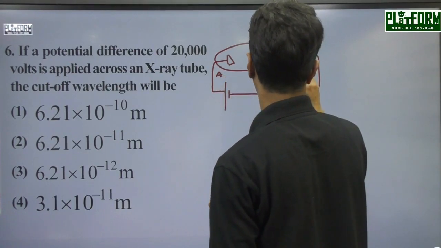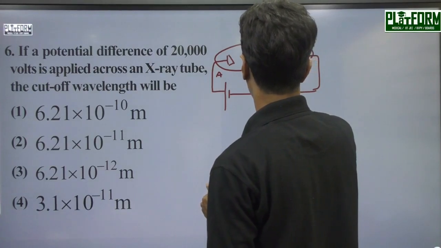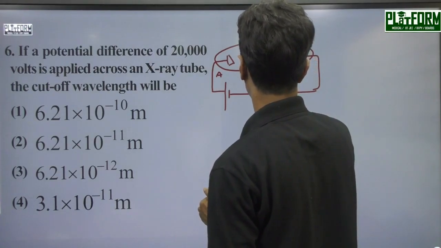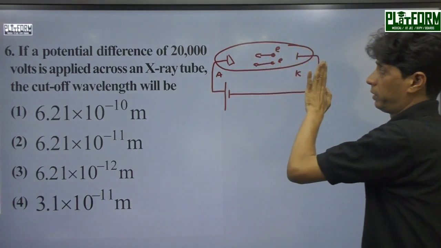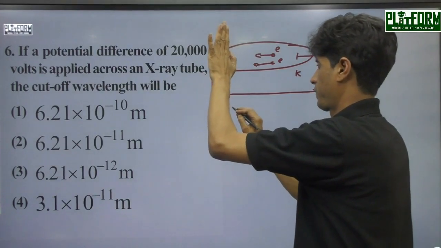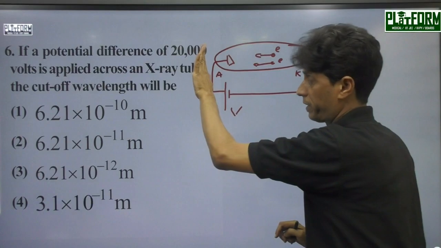It is anode and cathode. Electrons move in the direction from the negative plate to the positive plate.